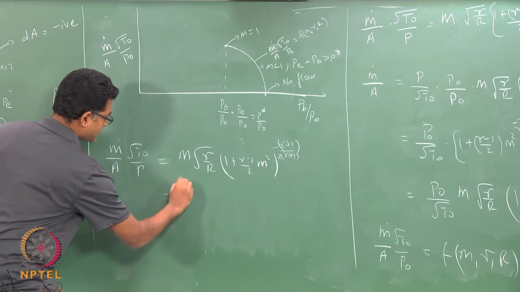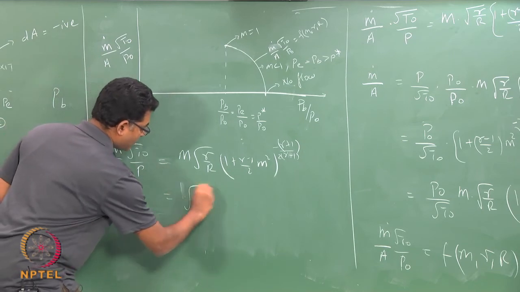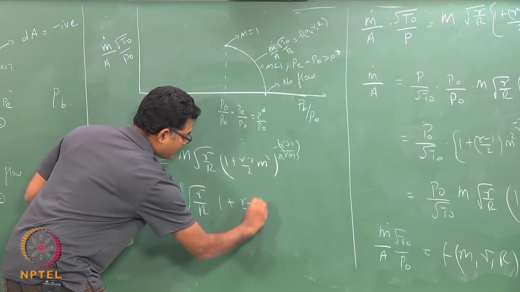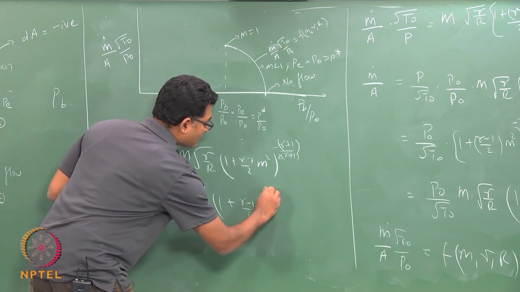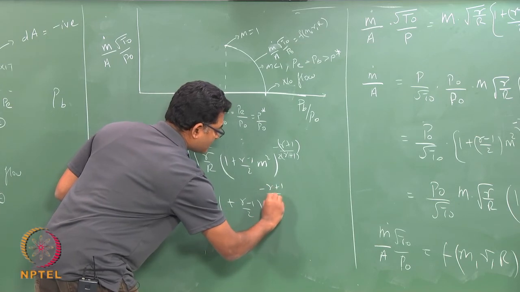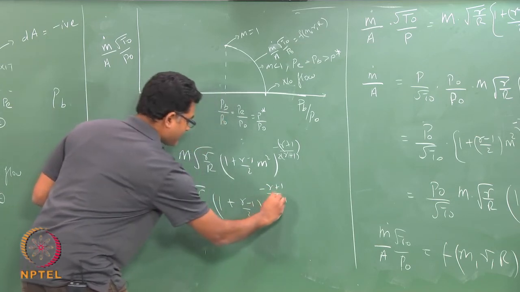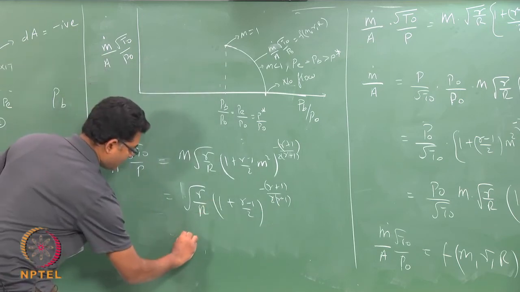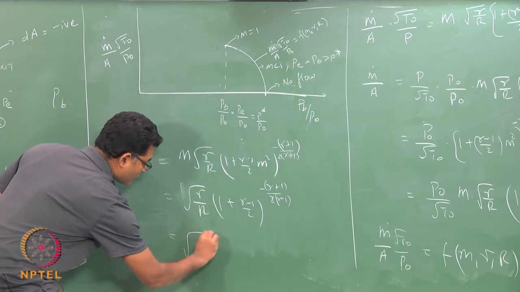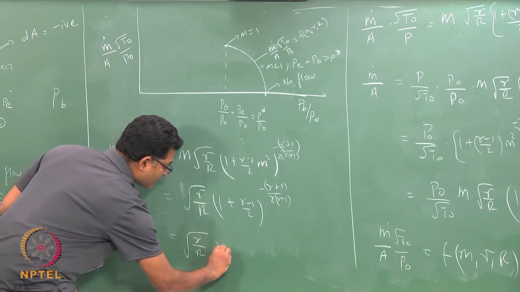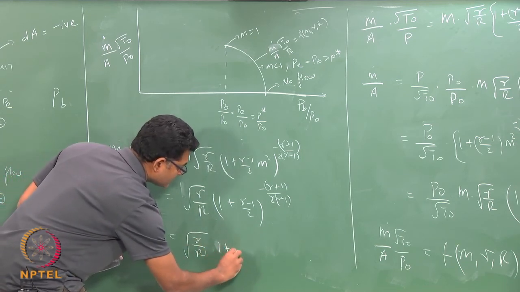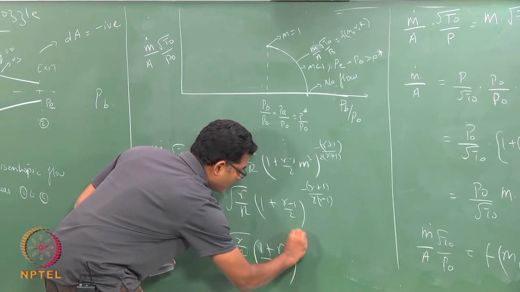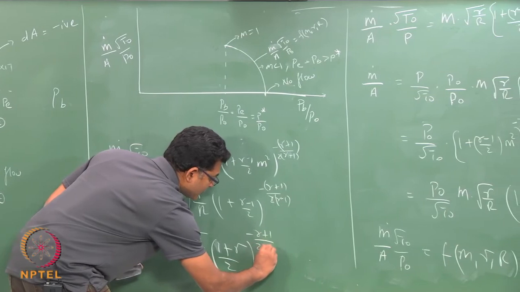So, when M equals 1, I substitute, and this would be root of gamma by R into 1 plus gamma minus 1 by 2 to the power minus gamma plus 1 by 2 into gamma minus 1.